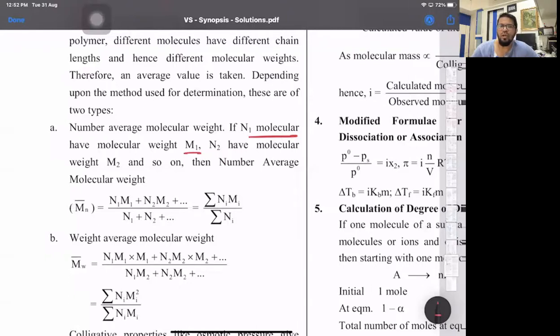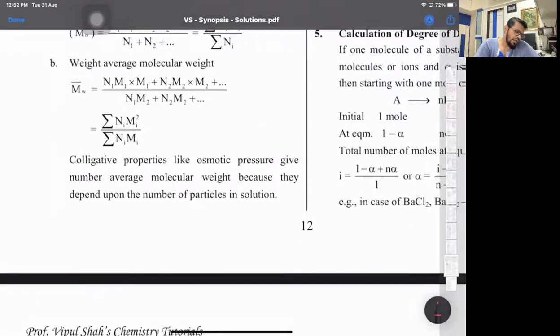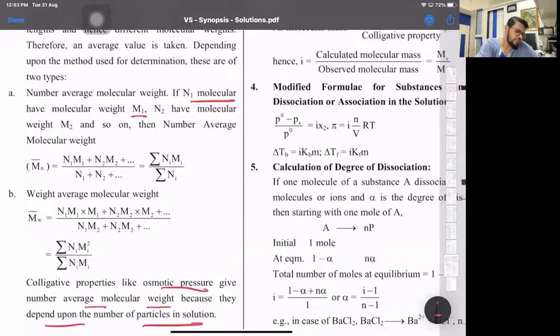So if I know the two compounds, by taking the summation, I can calculate their molar masses. These are just basically type uses, no numericals on this. Colligative properties like osmotic pressure give the number average molecular weight because they depend on the number of particles. That's the colligative properties part.